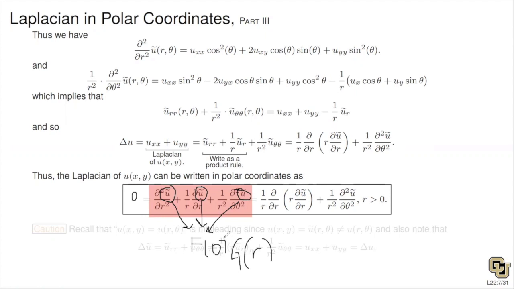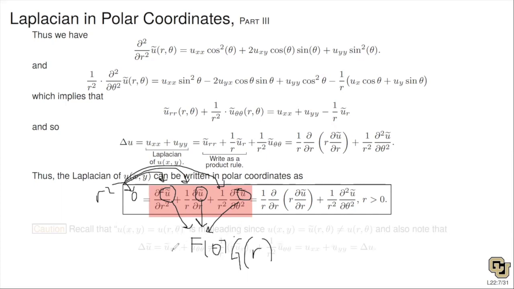A nice thing to do to simplify the whole equation is to multiply both sides by R squared, just to get rid of the R squared in the denominator. So I'll have 0 equals R squared times the second partial of U with respect to R, plus R times the first partial of U with respect to R, plus the second partial of U with respect to theta.